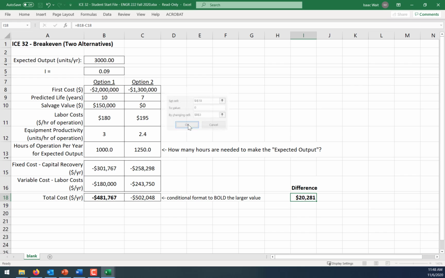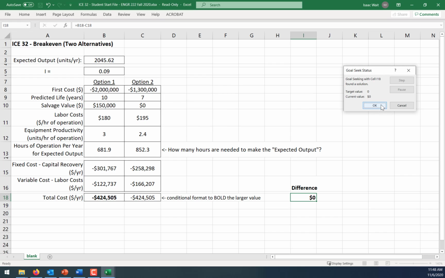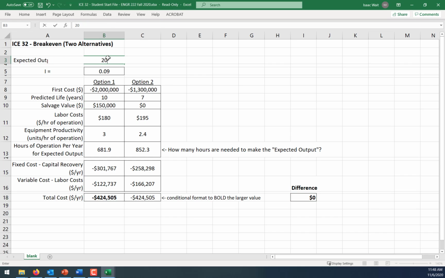Okay, let me do OK, and it plays around with some numbers, and it finds that 2,045.62 is the break-even point. And so in this case, we need to round to the closest whole number, so it would be 2046.